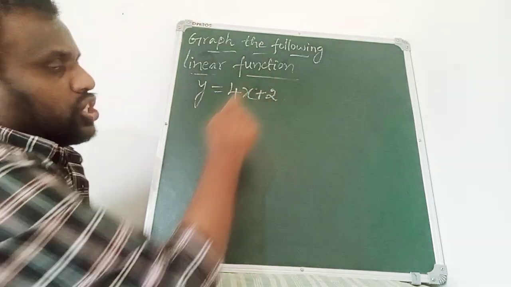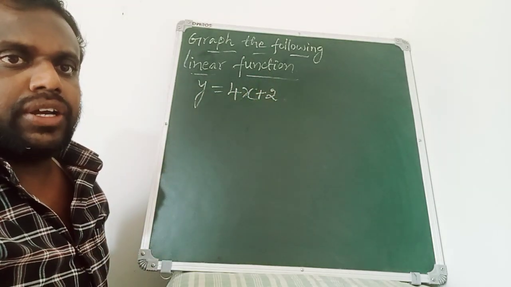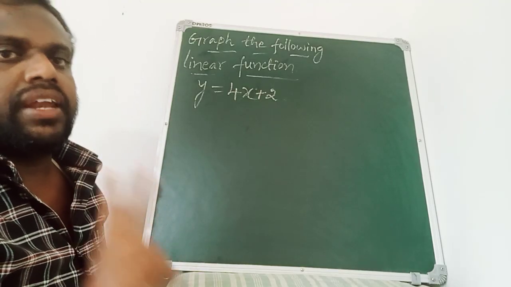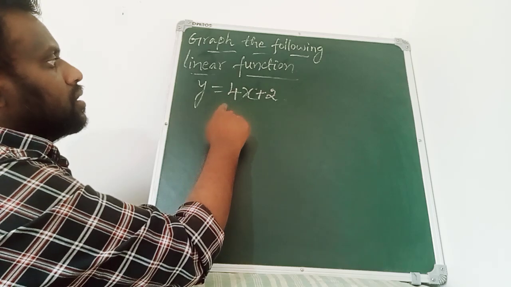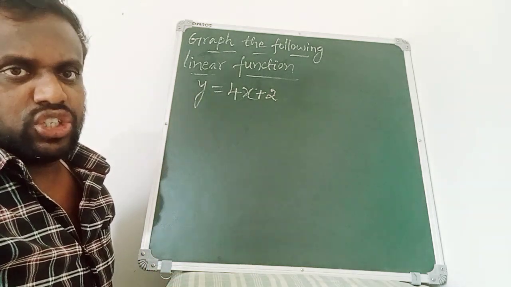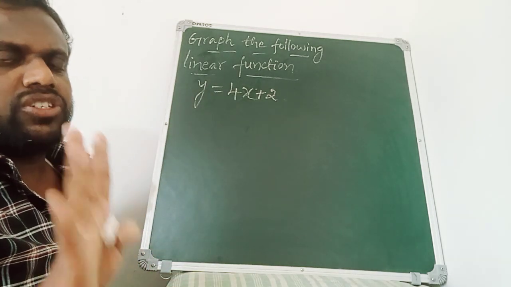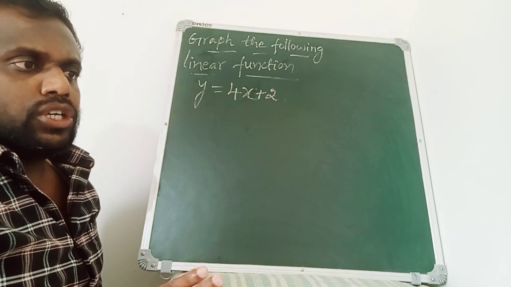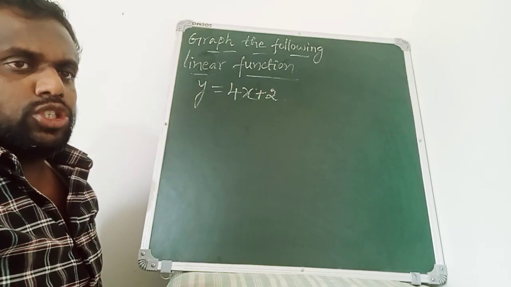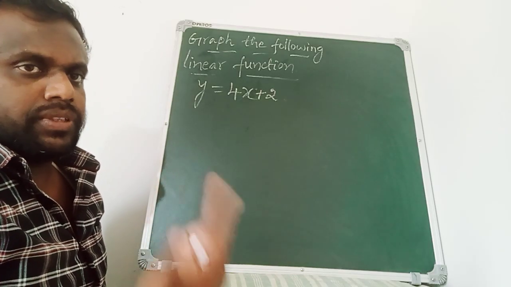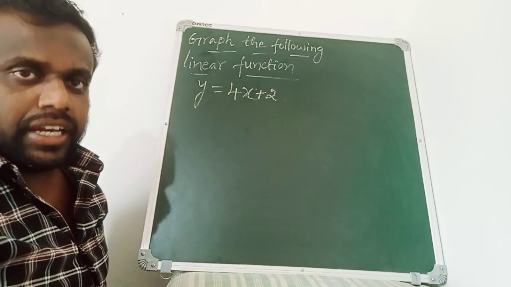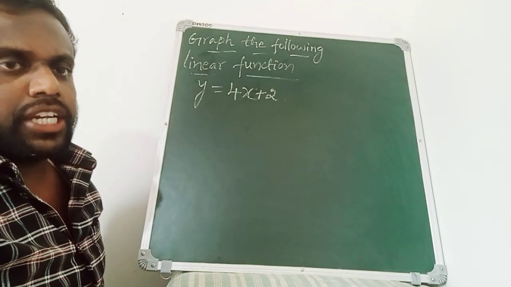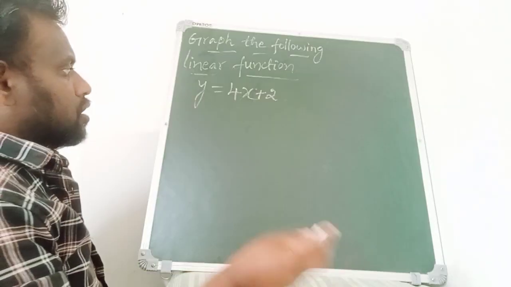For linear function, we have to find at least 2 points. 2 points are enough to graph this linear function. 2 points means you can find any points and you can just join those 2 points with a line, but ideally, most commonly, when I say 2 points, remember what are those points?